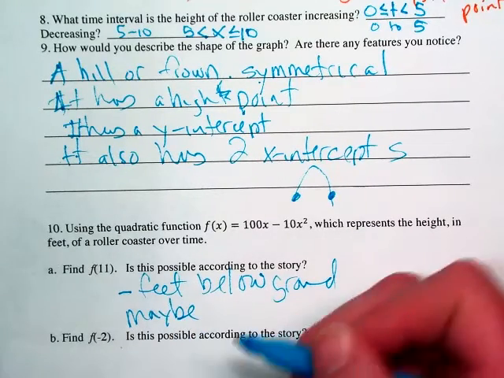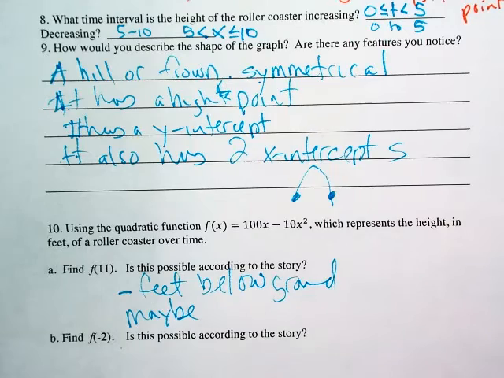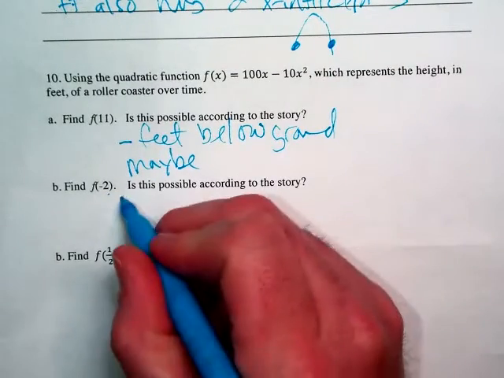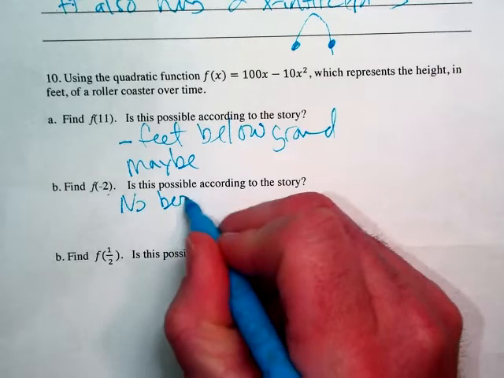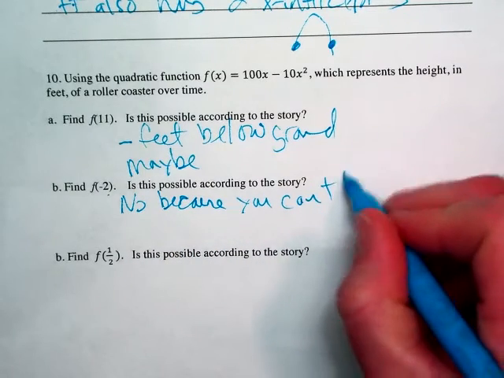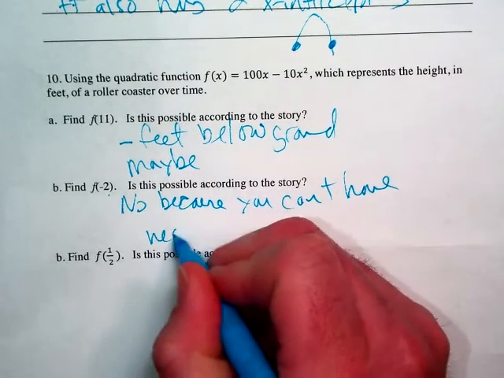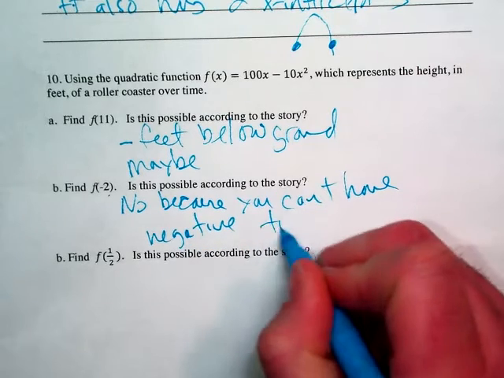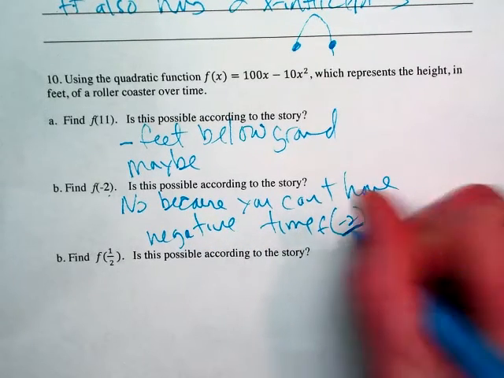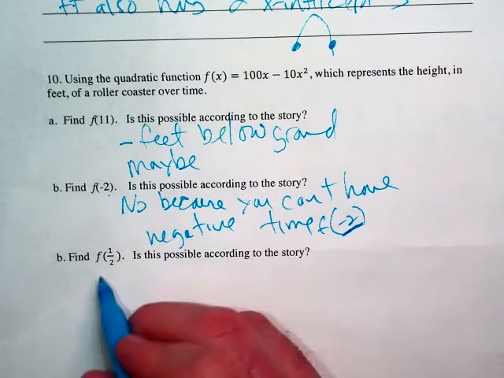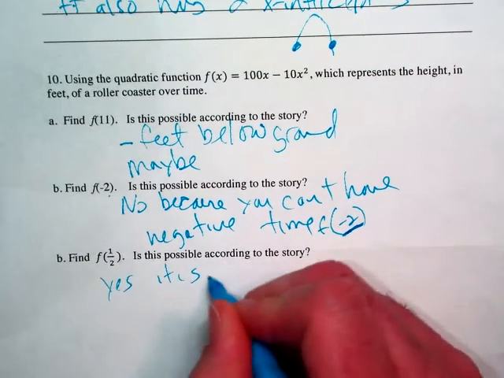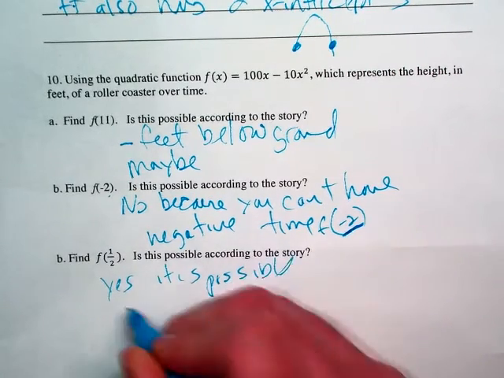Well, I would say no, because you can't have negative time, right? So when we say f of negative 2, that negative 2 is the second, so that's not really possible. And yes, this last one is possible, because there is half a second, right?